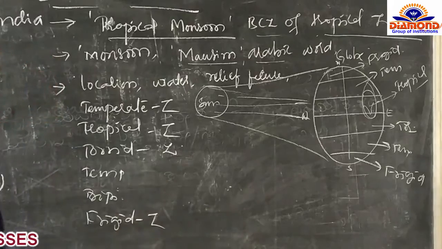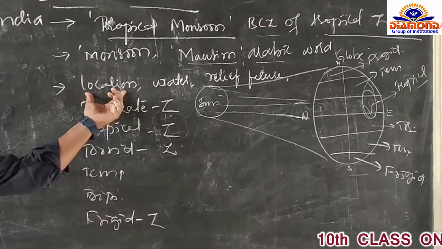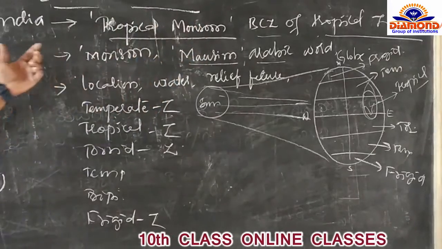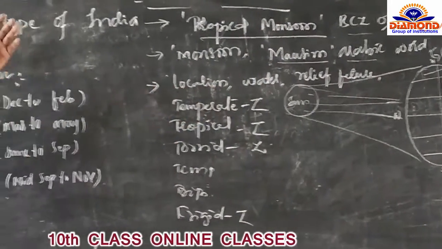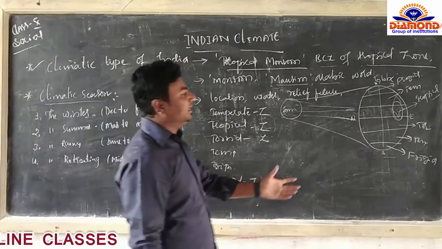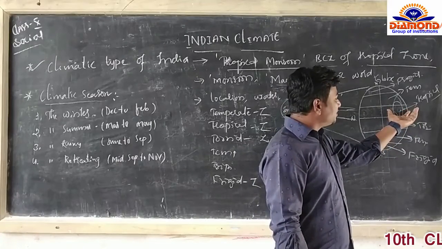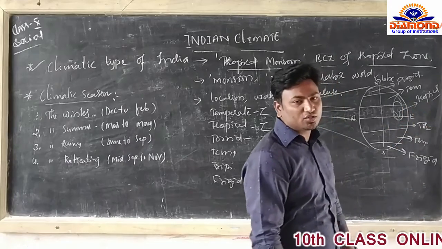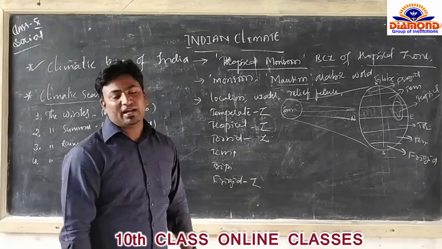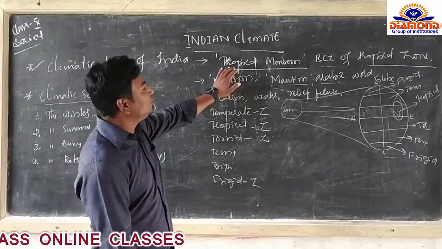This zone receives the direct rays of the sun. So location is very important for the monsoon, and for having a type of climatic condition in a place. India lies in the tropical zone, and in that location this type of monsoon is available, which is why it is named the tropical monsoon.